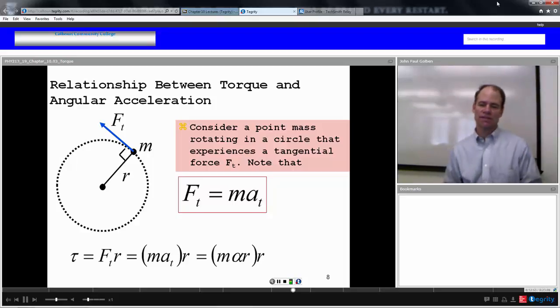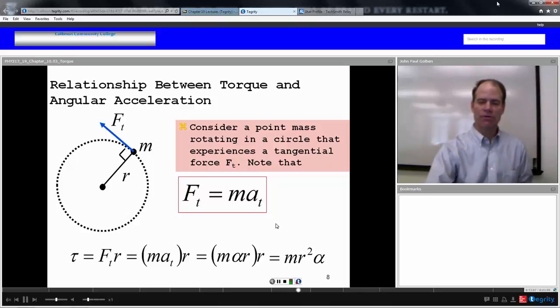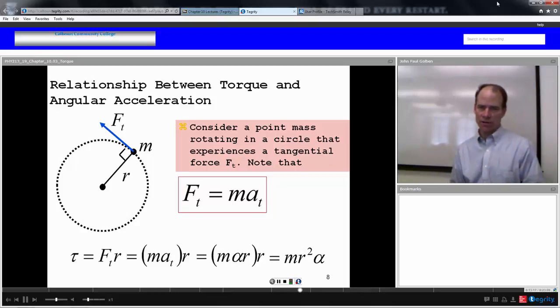We could write this as mass times angular acceleration times r, because that's tangential acceleration by our linear conversion, so a is equal to alpha times r, times r. Let's factor this, and we would have that this torque is equal to mr squared times angular acceleration alpha.